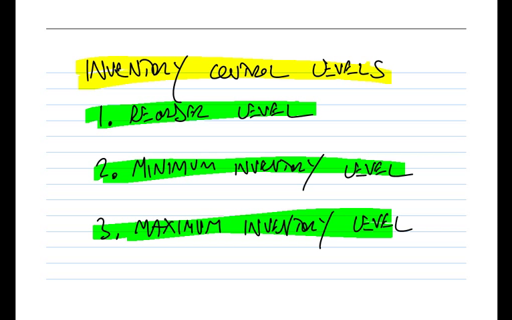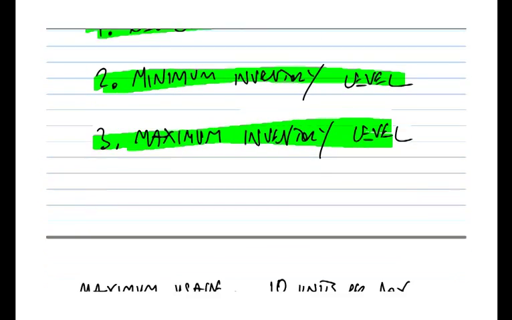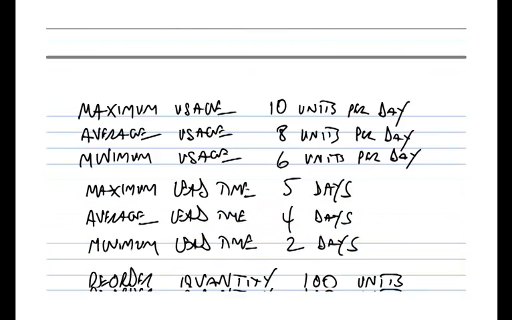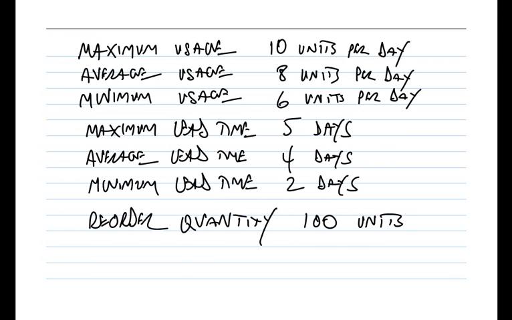I'm going to take you through how we would calculate each of these 3 inventory control levels. To do it, I'm going to use some fairly simple numbers, the kind of numbers you might be given in an assessment. Firstly, I've given information about the usage levels. So how much inventory do I use?